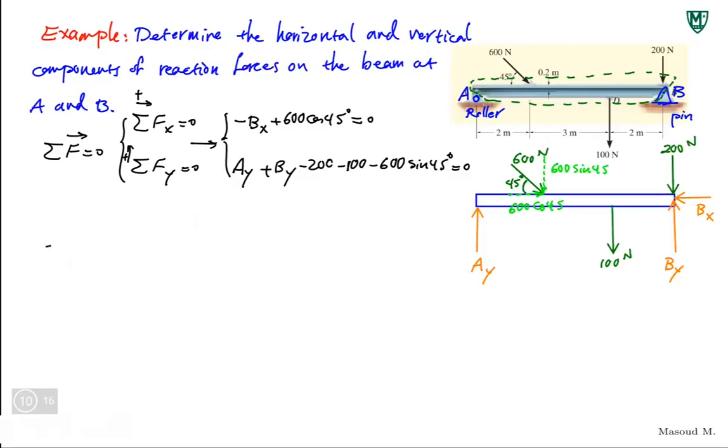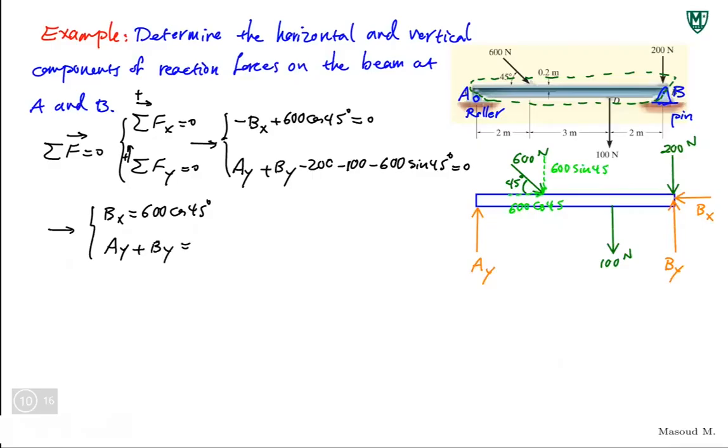So from there, let's see what we get. From the first equation at least, I can find Bx, which becomes 600 cosine 45 degrees. From the second equation, all I get is Ay plus By becomes something.